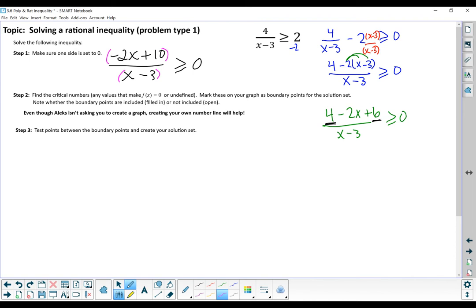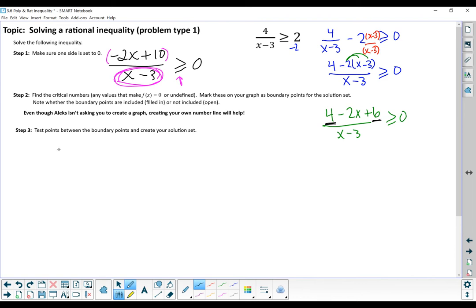So even though this is greater than or equal to, which might lead you to fill in the boundary values, one of our critical numbers is coming from the denominator, so it cannot equal 0. X minus 3, we can't divide by 0, so x cannot be 3. So that would be an open boundary on our graph.